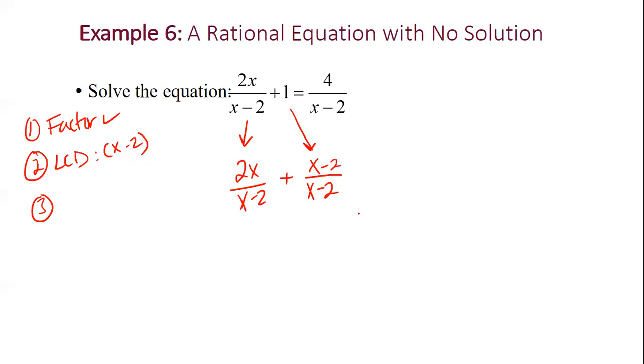Because anything divided by itself is 1. Okay. And then the last one is also good to go. My LCD is in my denominator. Okay. Now that I have all the same denominators, what do I have to focus on? The numerator. So now we're going to solve the numerator.